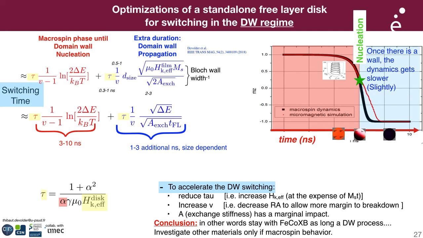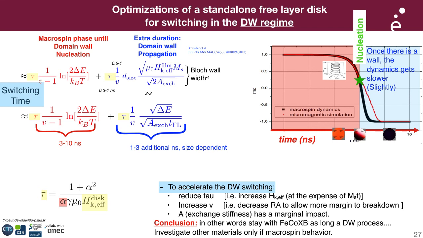And I want to mention that the exchange stiffness of the free layer doesn't play a substantial role, because it's in the second blue factor, and so it's only a minor fraction of the switching time.